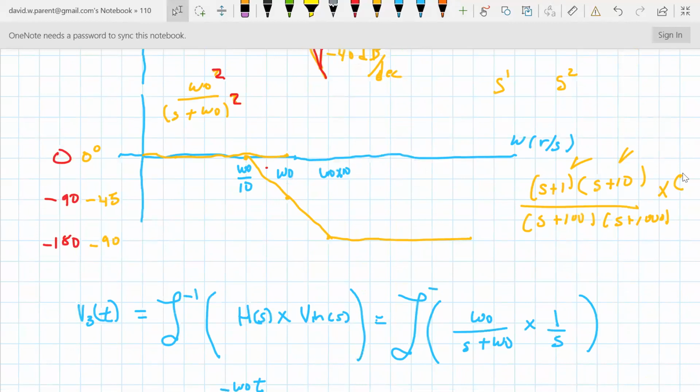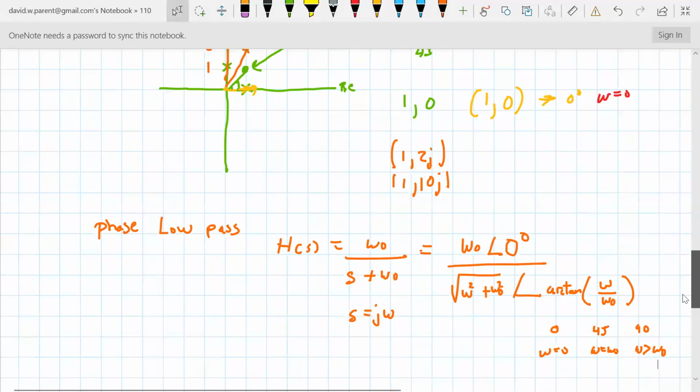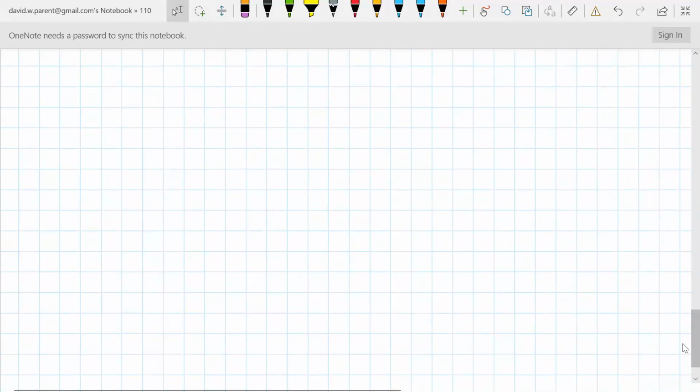How's that? I have a question. Where you have v3 of t equals inverse Laplace, where is Vn at, or would that just be the step? So I'll just redraw that here.